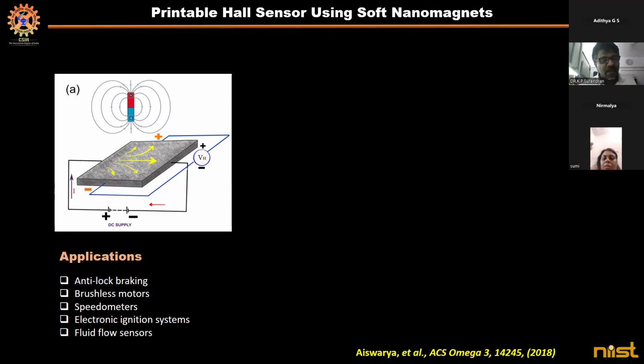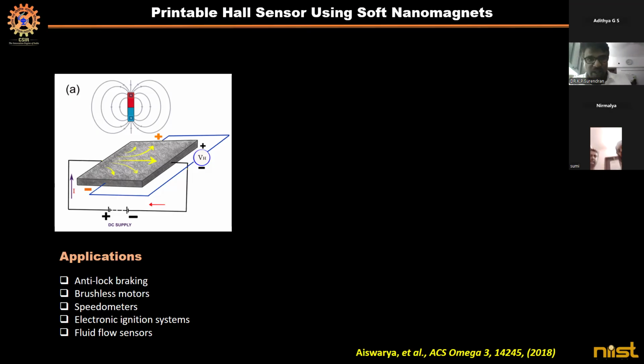We have a lot of requirements at home also. These days we are using BLDC fans, and for brushless fans and motors you need this kind of sensor. Fuel emitters, ignition systems and fluid flow sensors are other examples, for instance a blood flow meter in your hospital, or even the screen flipping system of your mobile phone.